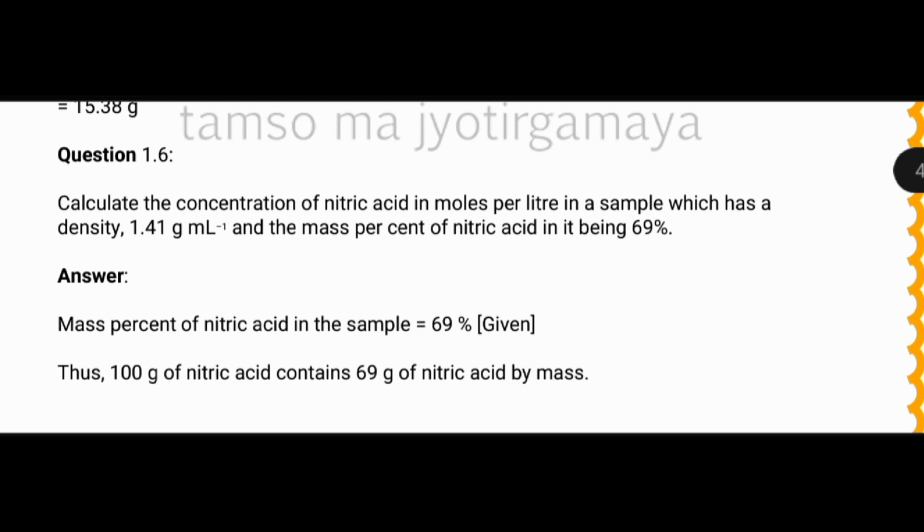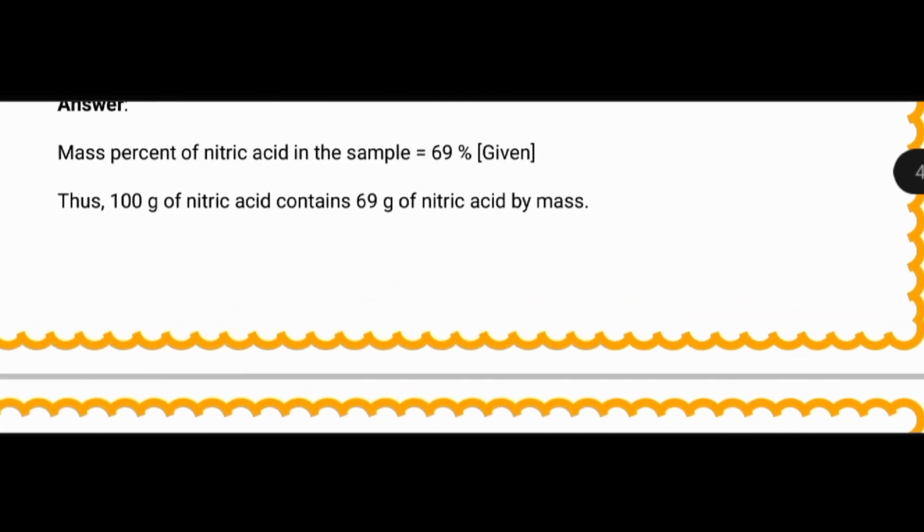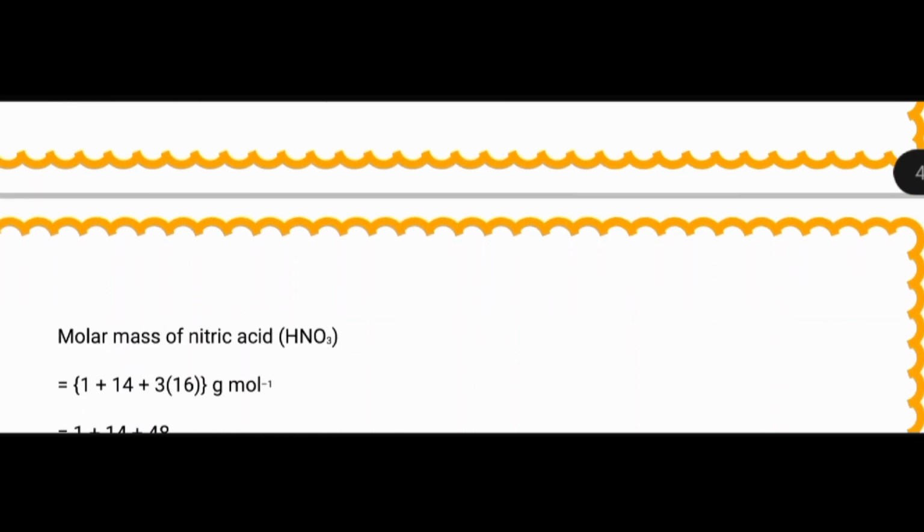Percentage means 100 is the solution. तो 69 amount of solute है, 100 आपका solution, means 100 ग्राम solution में 69 ग्राम आपका नाइट्रिक एसिड है। Clear? Now you have the amount of solvent, you have the amount of solute, and also you have the amount of solution.